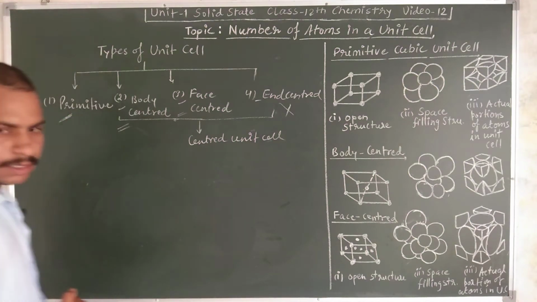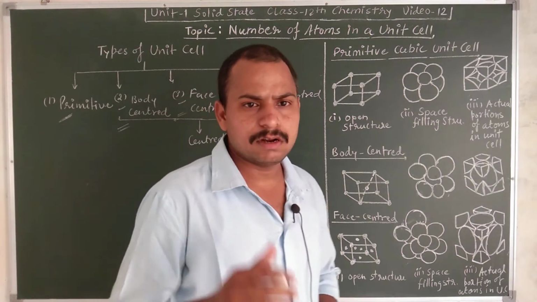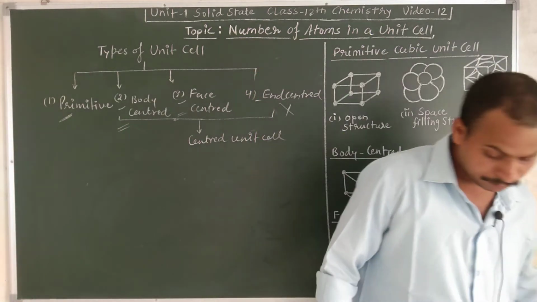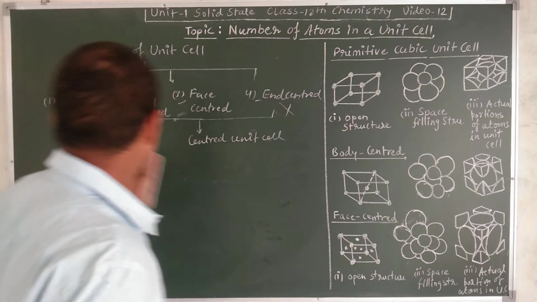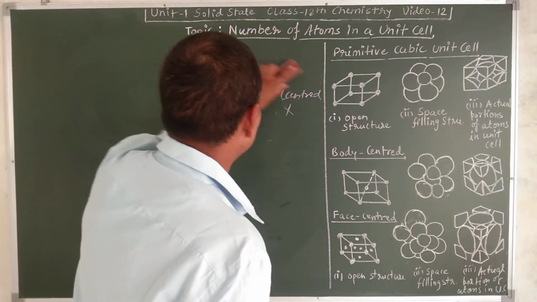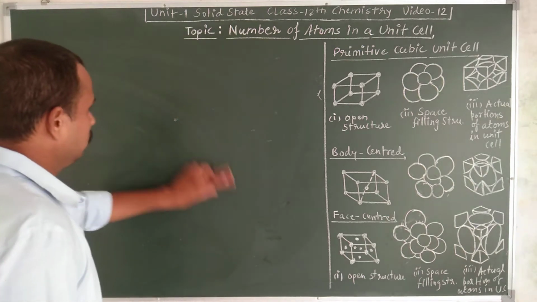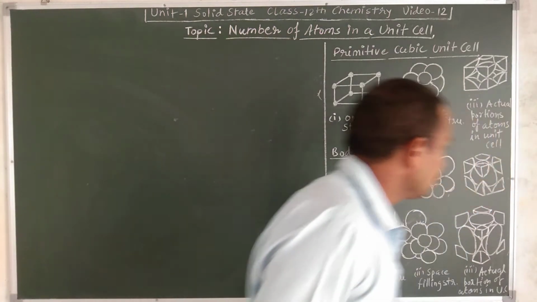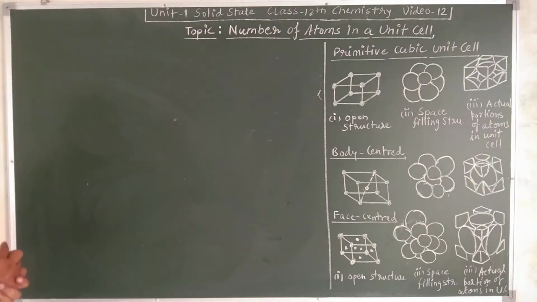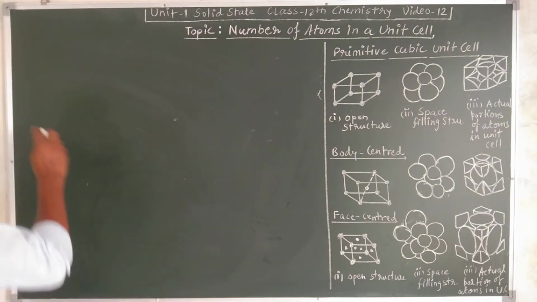So now let's move on. First, the primitive unit cell, and we can find out the number of atoms in primitive unit cells. We have to find out the number of atoms in the unit cell.